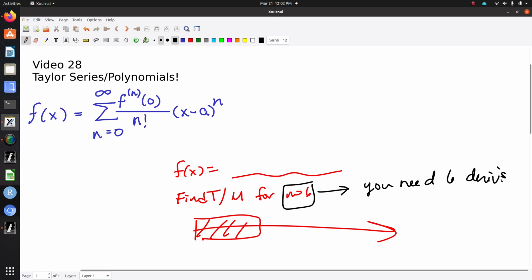Okay, so you're going to need 6 derivatives in order to do all this, and it means you'll end up with actually like 7 terms, because if it's a 6th degree polynomial, you get that constant in. So if you consider the constant to be a term, you get one more for free. That 0th piece. Okay, so let's do an example.